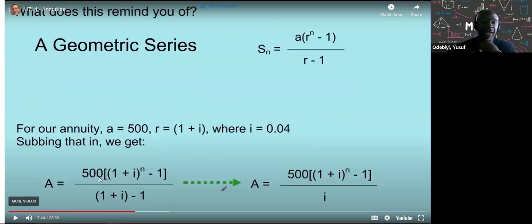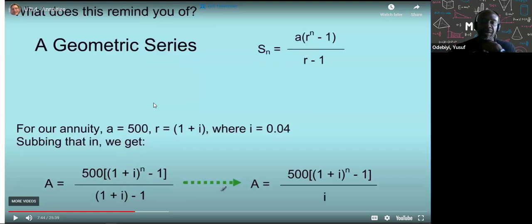The annuity was the regular payments, that was 500. The interest rate was 4%. And if we sub this into this geometric series formula, you're going to get something like this.